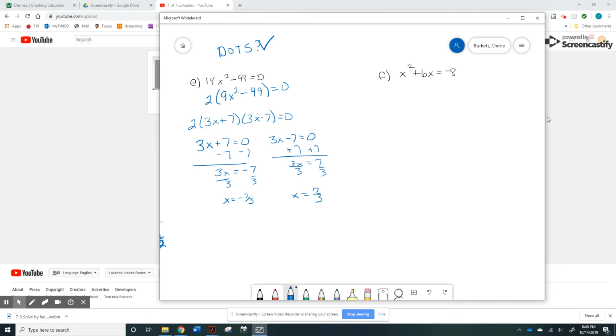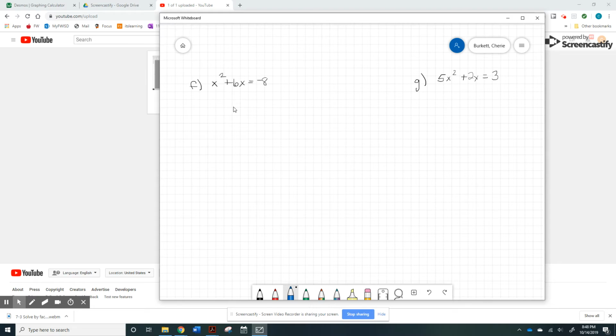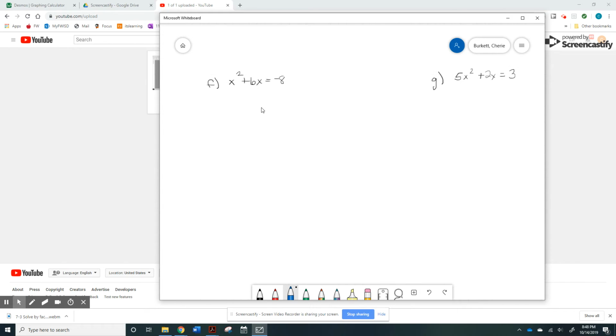This one's different because it's not set equal to 0, but it doesn't matter. If it's not set equal to 0, then that's going to be the first step to factor. The quadratic must equal 0.